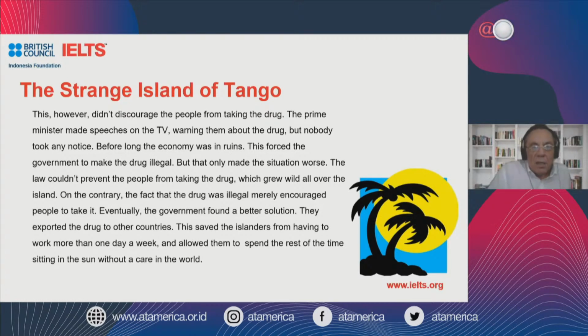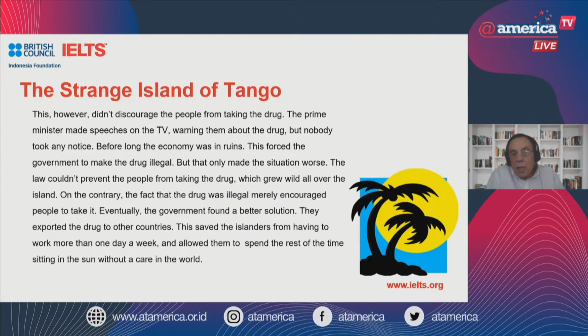And this, however, didn't discourage the people from taking the drug. The Prime Minister made speeches on the TV warning them about the drug, but nobody took any notice. Before long, the economy was in ruins. This forced the government to make the drug illegal. But that only made the situation worse. The law couldn't prevent the people from taking the drug, which grew wild all over the island.